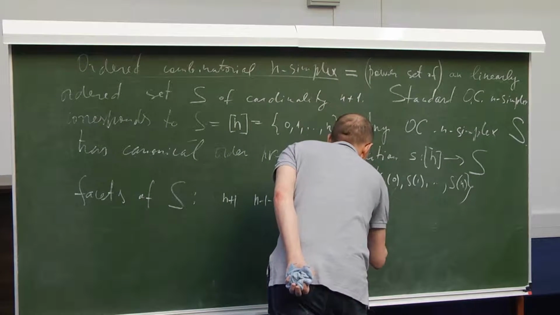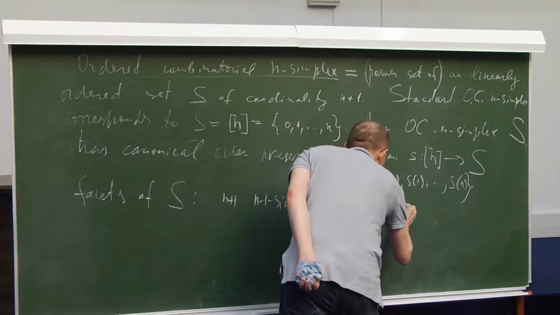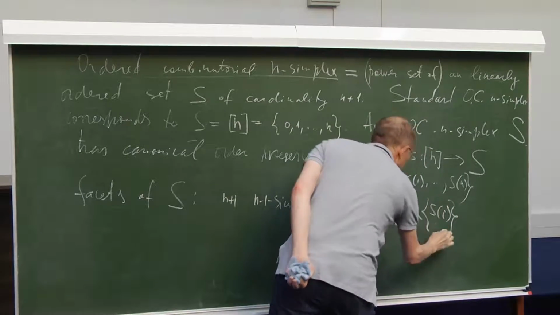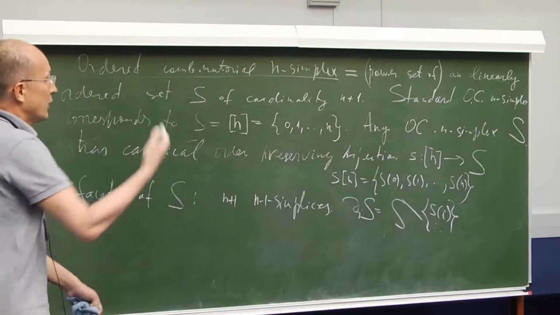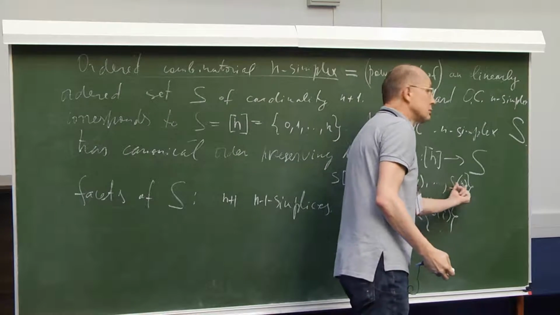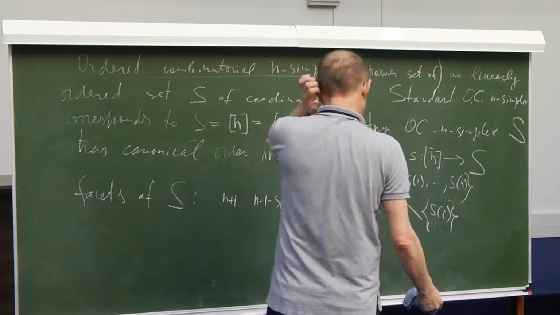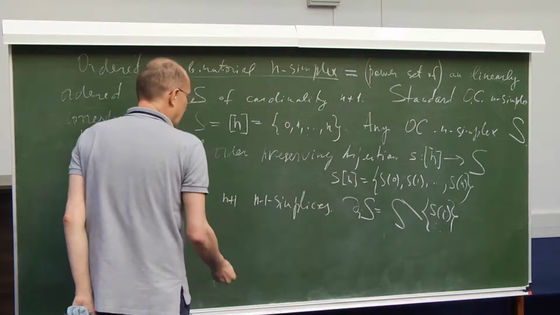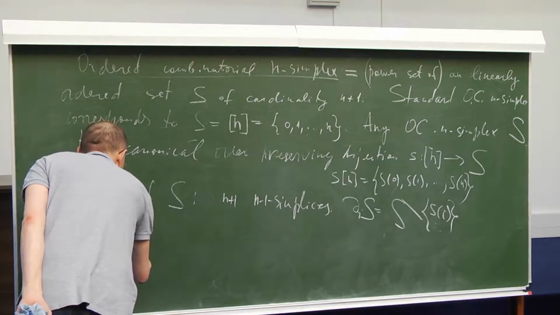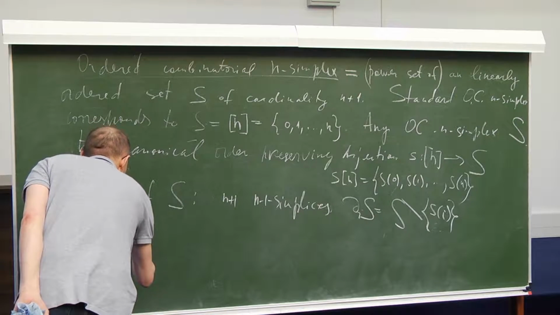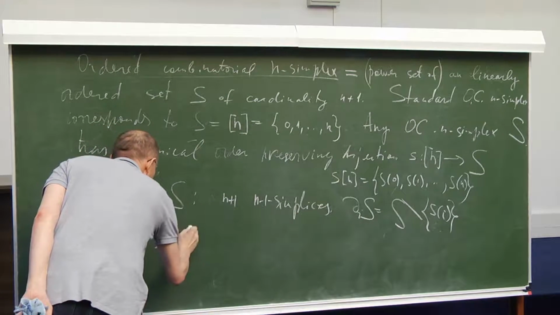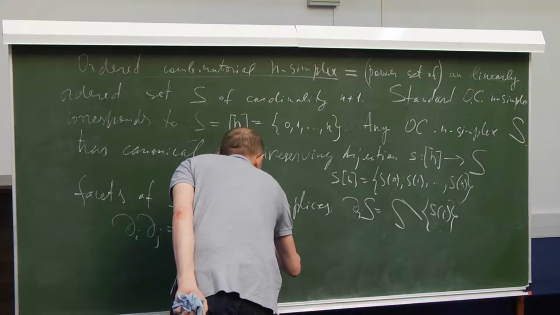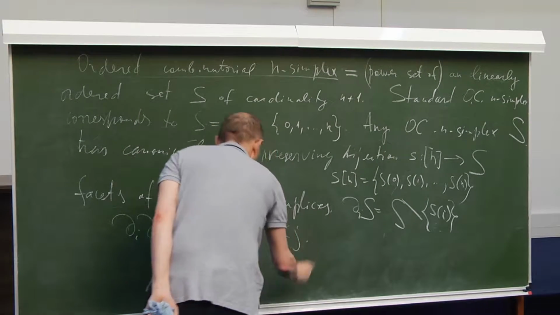Simplices d_i S given by S minus S_i. Right, so we ignore just one element, any one, and then this gives us a simplex. And obviously we have d_i d_j equals d_{j-1} d_i if i is strictly less than j.